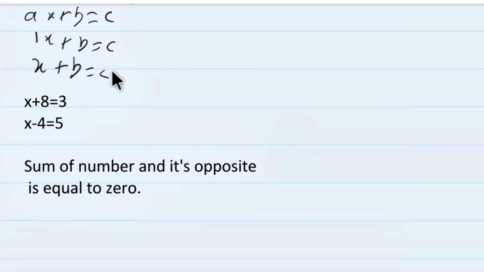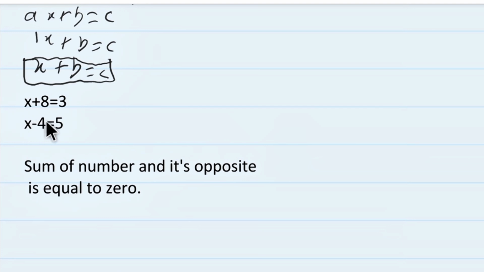Now we will try to solve the equations that are in this form: x plus b is equal to c. For example, the equation x plus 8 is equal to 3 is an equation in which the coefficient of x is equal to 1.